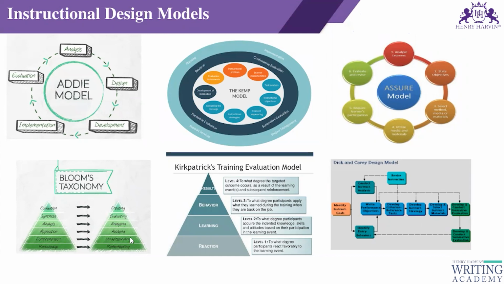Creating, evaluating, analyzing, applying, understanding, and remembering. These are the things they follow in an upward direction. In Bloom's taxonomy, creating comes last, when I have all this knowledge, then I create.